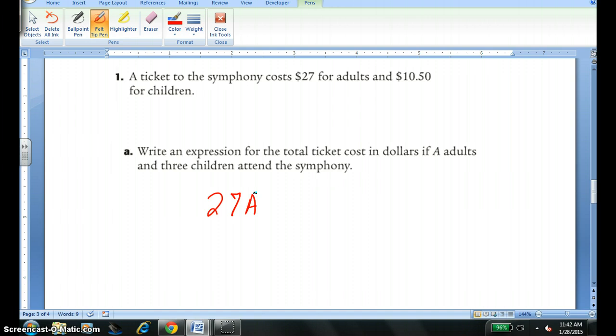That tells me however many adults I have. If I multiply it by 27, that's going to tell me how much money it costs for adults to go to the symphony. Now I already know how many kids are going, 3 kids, and I know how much they cost. So I'm going to add 3 times the $10.50, and you can do the math yourself on that. But that gives you an idea of how you go about solving this particular problem.